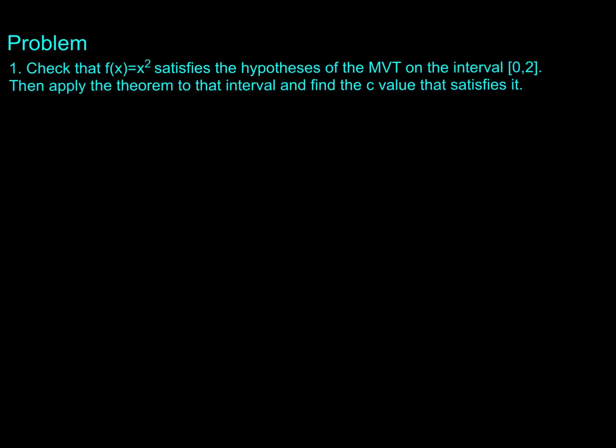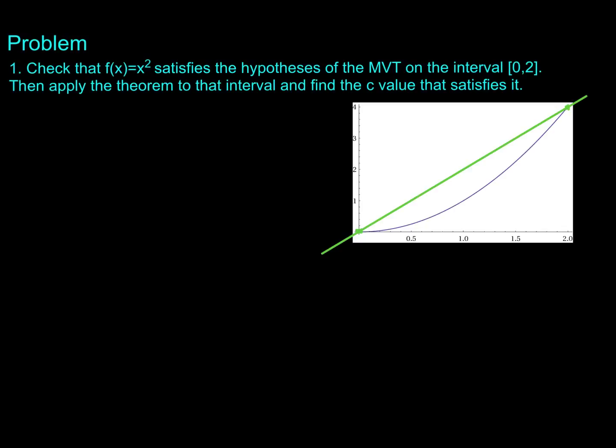I do think it's very worthwhile to actually take a look at the graph just to give ourselves an intuition of what's going on. All right, so here's the function x squared graphed on the interval from 0 to 2. And what I'm looking for with the mean value theorem, and I'll go ahead and write it out again, I have that the derivative at some point c will be equal to the slope of the secant line, or the mean rate of change, or average rate of change between the endpoints of the interval.